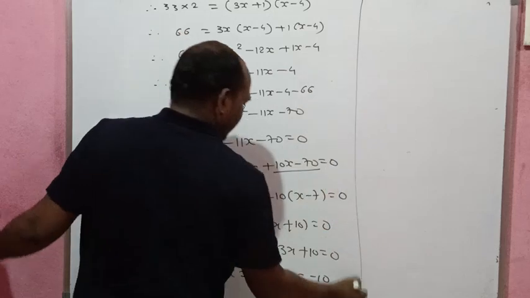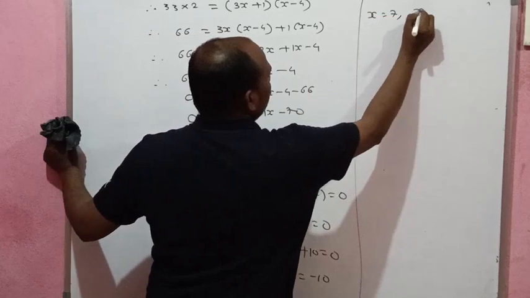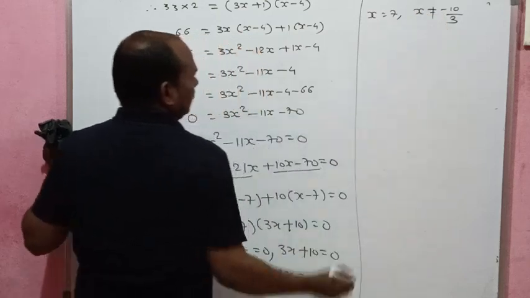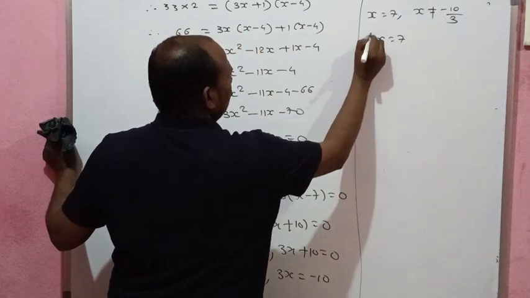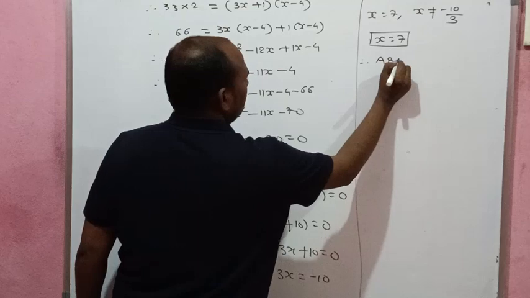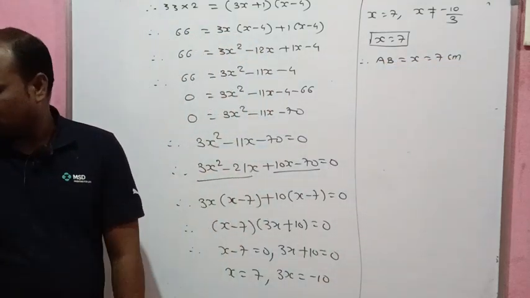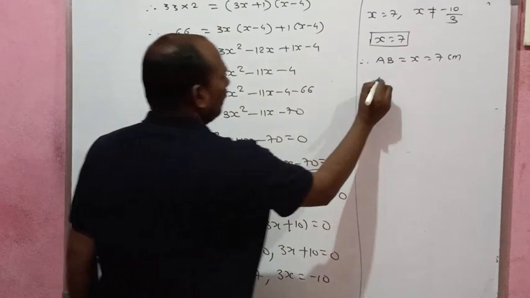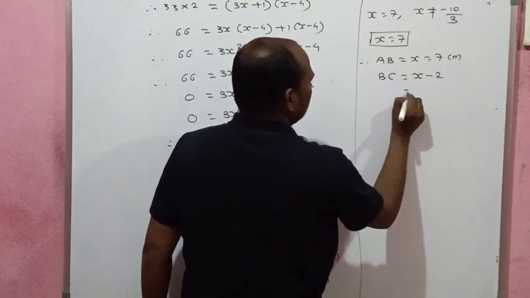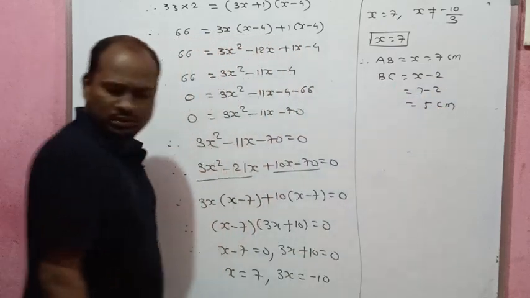Now the answer will be x equal to 7 and x equal to minus 10 by 3. X equal to minus 10 by 3 is cancelled. Now x equal to 7. The sides will be: first AB equal to x equal to 7 centimeter. Another BC equal to x minus 2, that is 7 minus 2 is 5 centimeter.